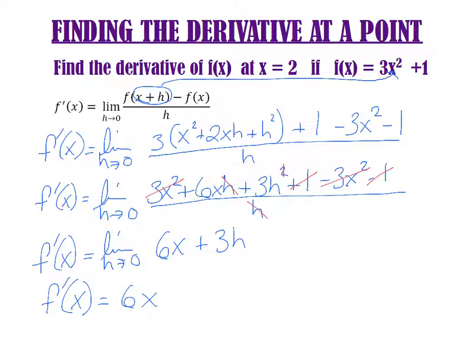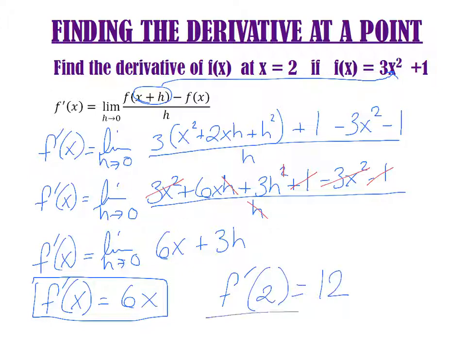Wherever you're at, you'll substitute in for x to see what the slope is at that particular spot. They are specifically asking for the derivative at x equals 2. This is my first answer right here, but the second part I would write like this. The derivative at 2 is equal to 12, and that's the second part of that.